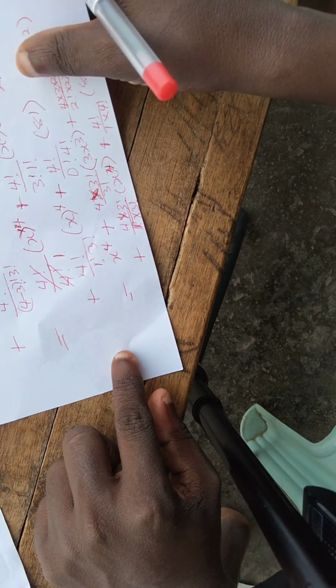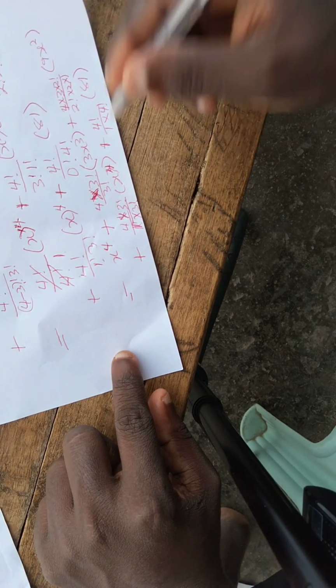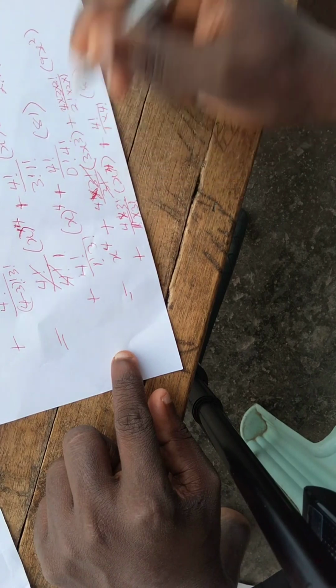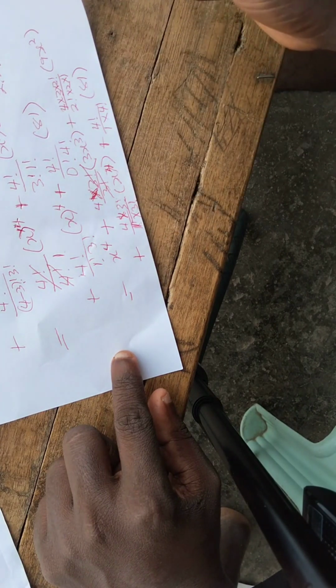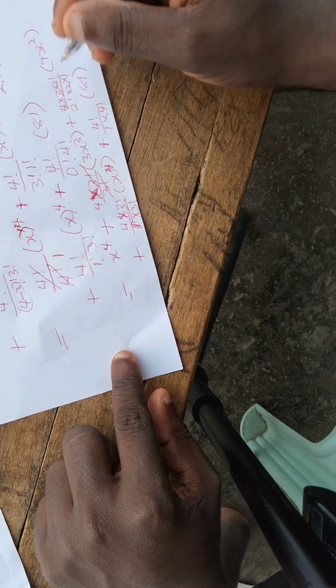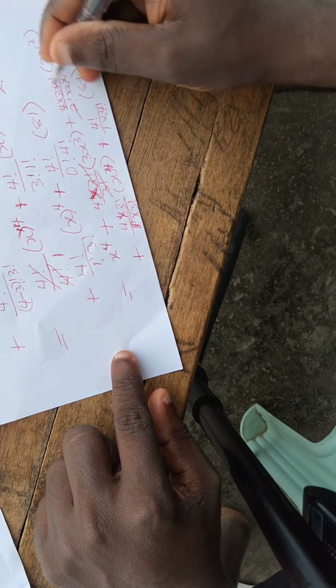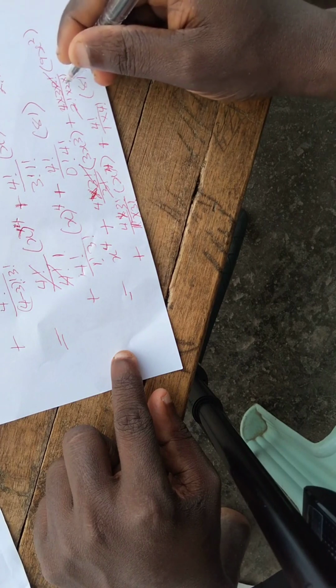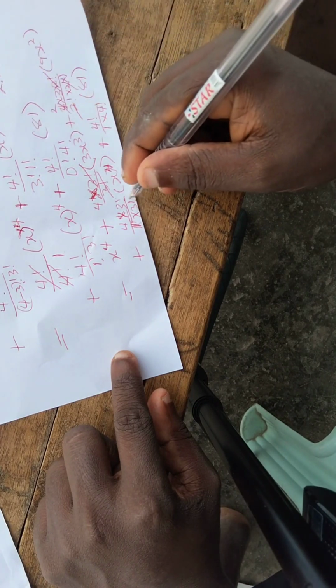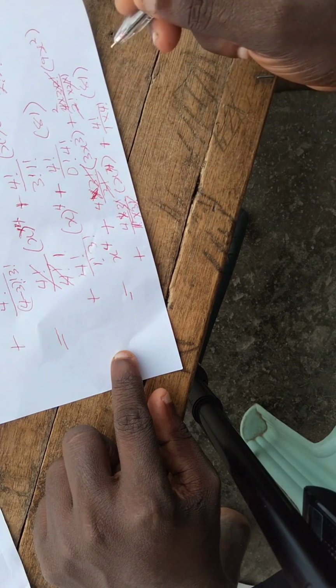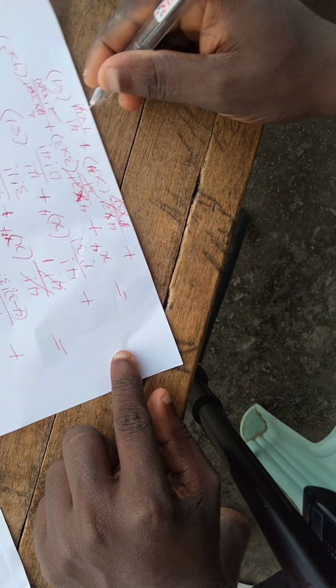So if we are going to do this, at the end of the day, 3 factorial will cancel 3 factorial. Yes, 3 factorial will cancel 3 factorial. 2 factorial will cancel this. This will cancel this. Then this one will cancel this. Then this one will cancel this.